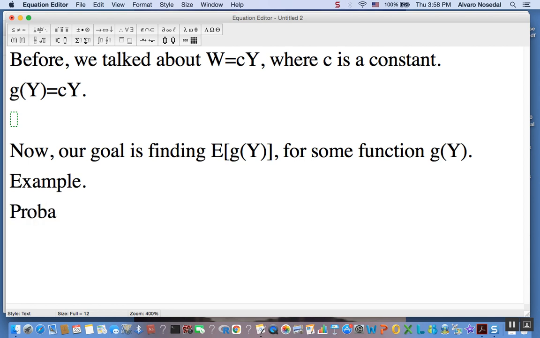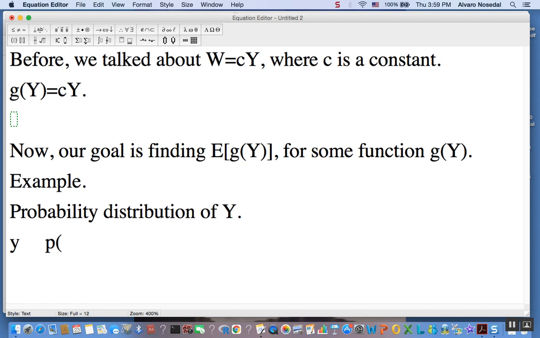Again, when we use this term, probability distribution of a random variable, what we mean is a list of possible values with the corresponding probabilities.